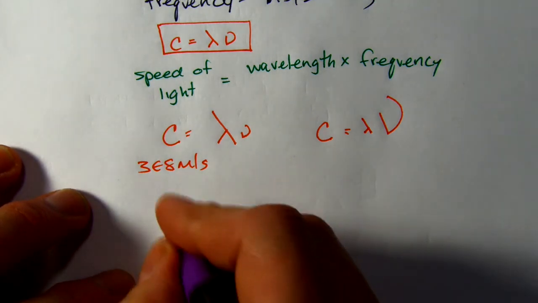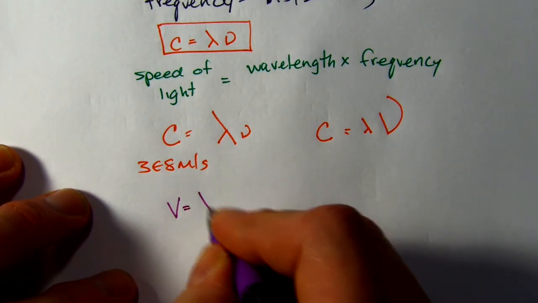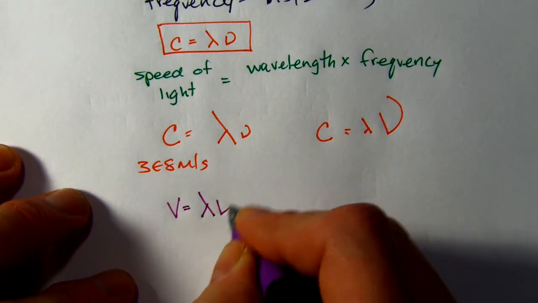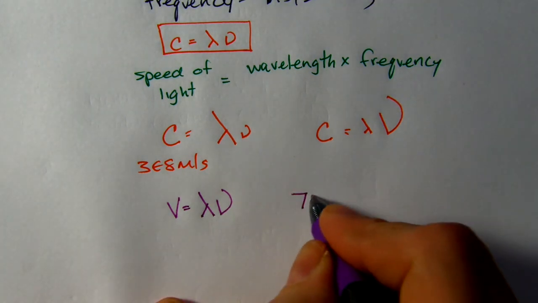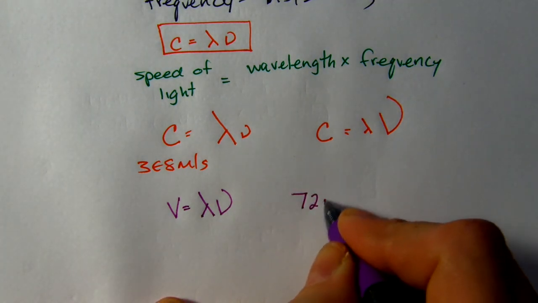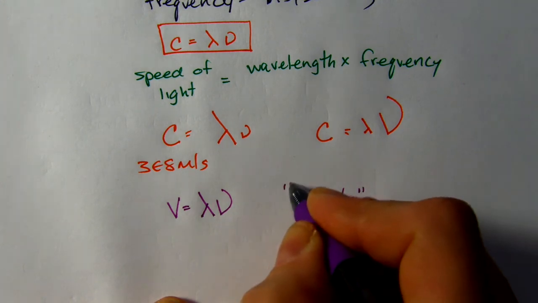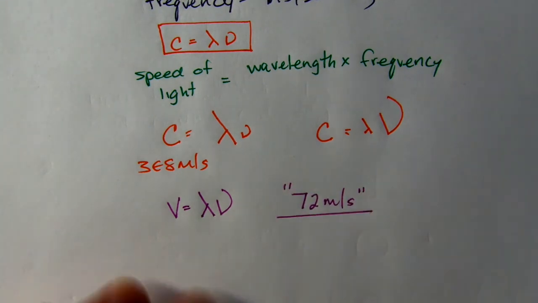So we're going to go with the idea that the velocity equals the wavelength times the frequency. And you know I like to do this. The velocity equals 72 meters per second. And the reason I do that is because then the multiplication works out pretty well.